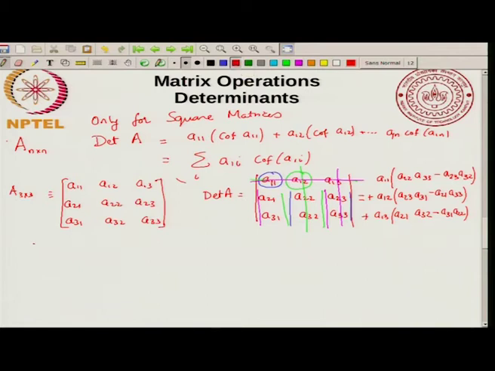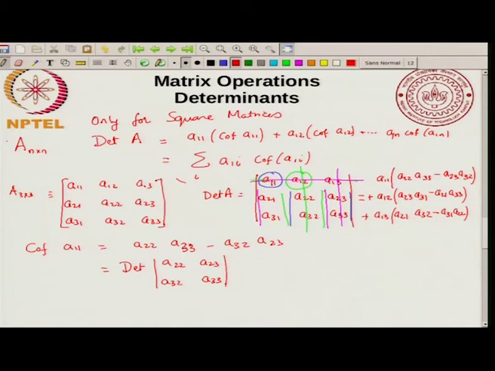So that is the basic idea of a determinant, that you write it in terms of these cofactors. Just to remind, the cofactor of A11 is equal to A22 times A33 minus A32 times A23. This is nothing but the determinant of the matrix formed by removing this row and this column, so A22, A23, A32, A33. This is the basic idea, and you can do this for larger matrices also, but you will have to calculate more and more determinants.